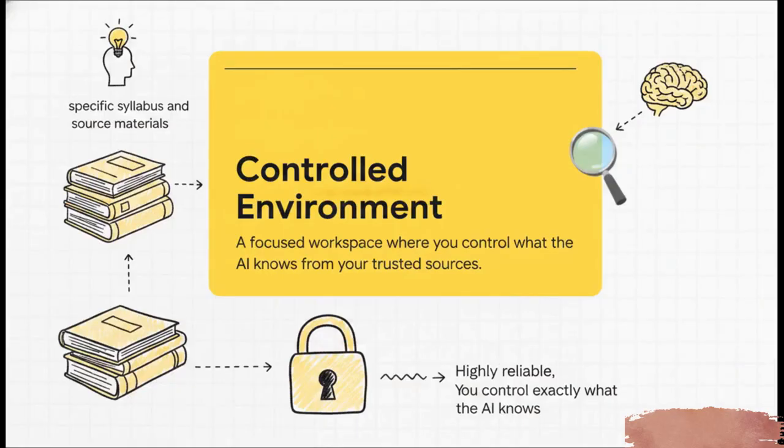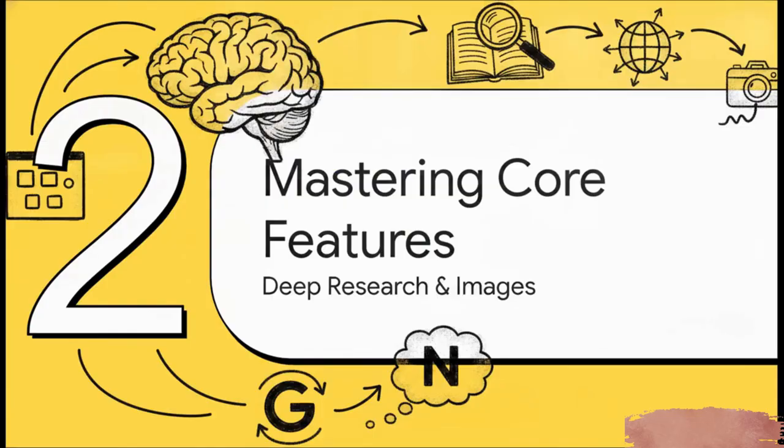What this does is create a highly reliable, controlled AI environment. It's basically like having a dedicated research assistant who has only read the exact syllabus and source materials you handed to them. You control exactly what the AI knows, ensuring its responses are tethered directly to the sources you already trust. No wild guesses.